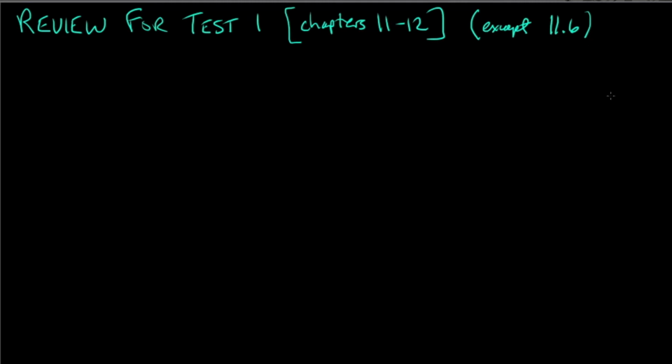That's in 11.7. So nothing directly from 11.6, but you should be at least aware of what those surfaces are and some of their properties. But everything else I think is fine.